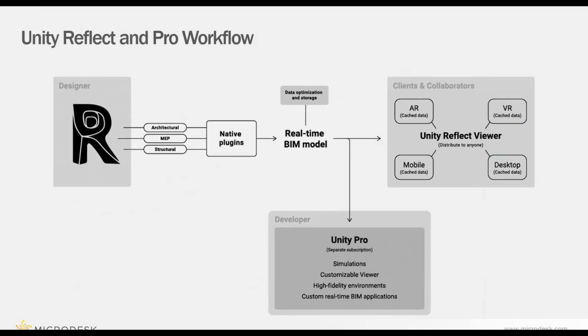Now, what that means is that rather than just going from the different native plugins like Revit or Rhino right into different viewers, we're able to take that data and then modify it. We can create simulations. So if I want to be able to click in some areas and see what happens for acoustics, or if I want to have a customized viewer where, you know what, I kind of like the viewer, but I want to have my company's branding on it, or I want to have a different button on it. So you can start to really customize it and make it your own.